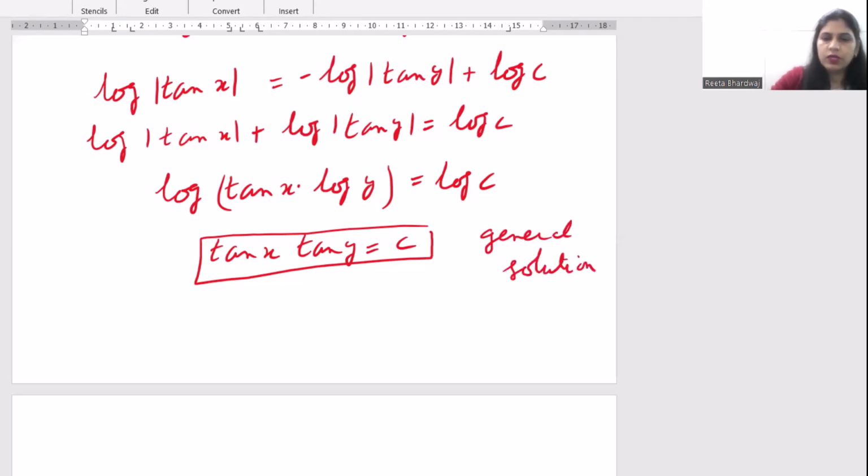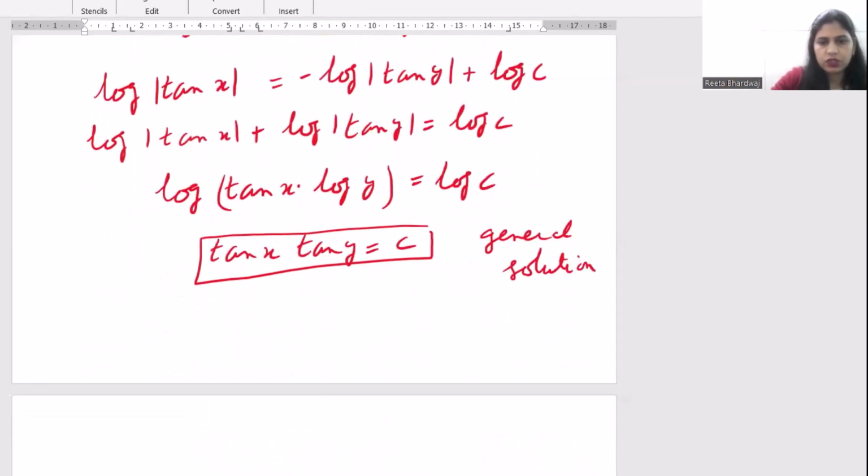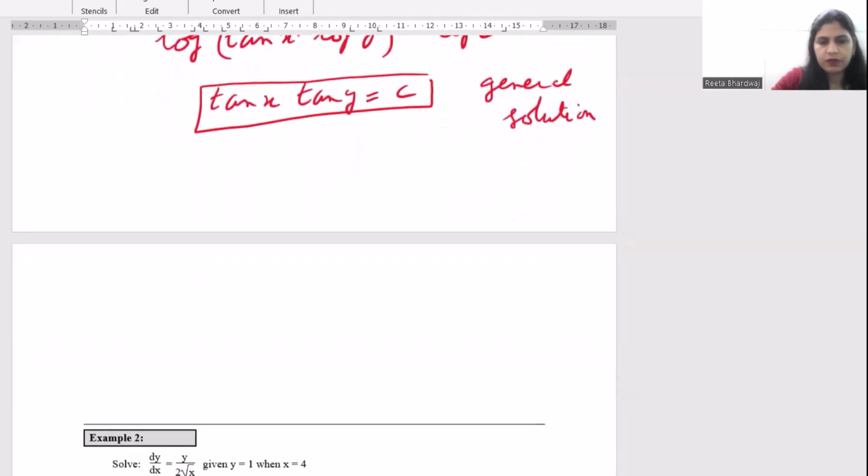So in this way, by applying the method of separating the variables, we can find the solution of this particular differential equation. Let's take one more example to find the solution of a differential equation with the help of the same method. This is example 2.